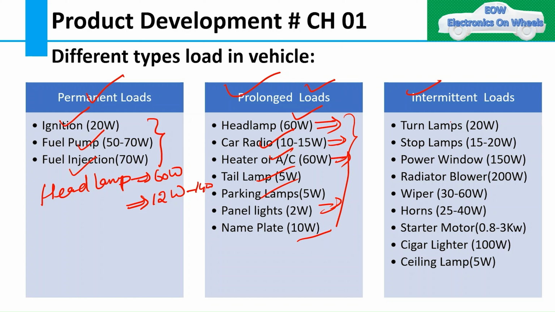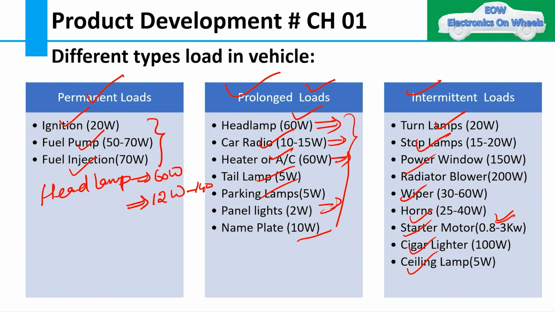Then intermittent loads are nothing but loads where you need the power for very short times, like the horn. You just press the button and it blows, and then it goes off for milliseconds or seconds, right? So these are the loads where you require power for a very short time, like turn lamp, stop lamp, power window, radiator blower, wiper, horn, starter motor also, cigar lighter, ceiling lamp. See, the starter motor can vary from 0.8 to 3 kilowatt.